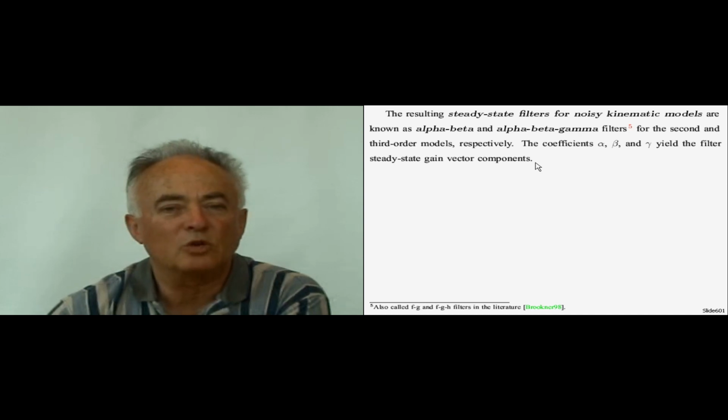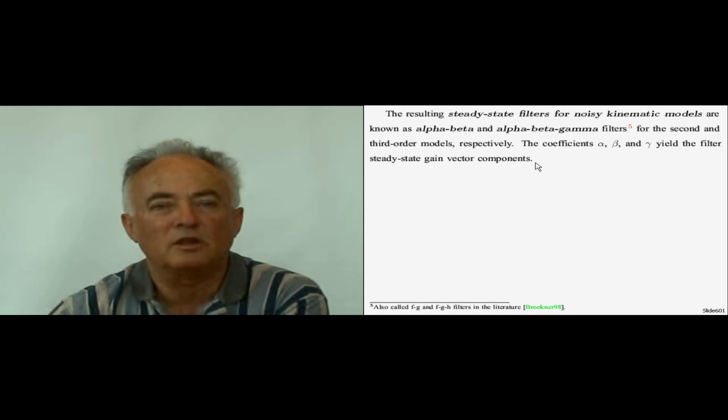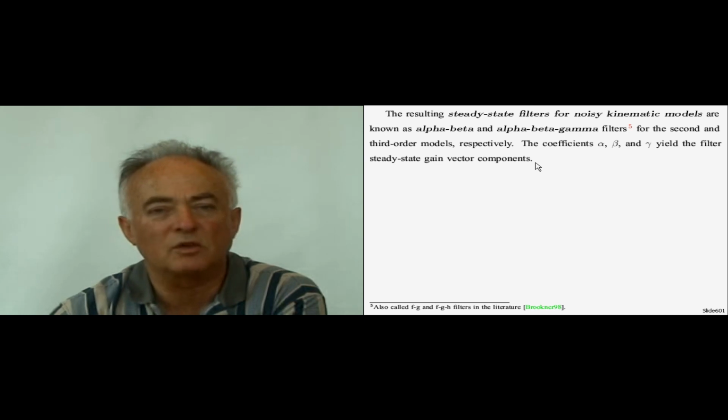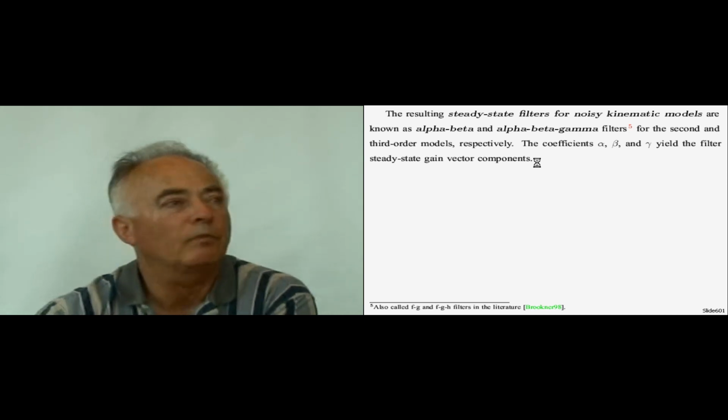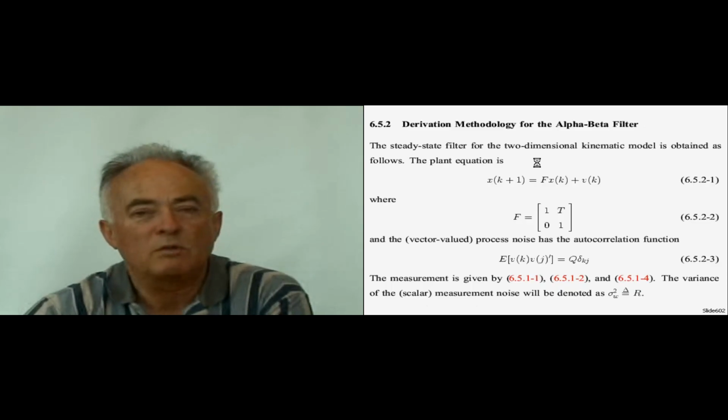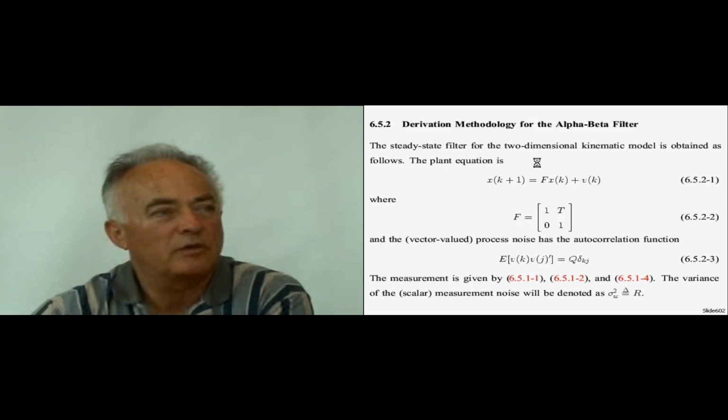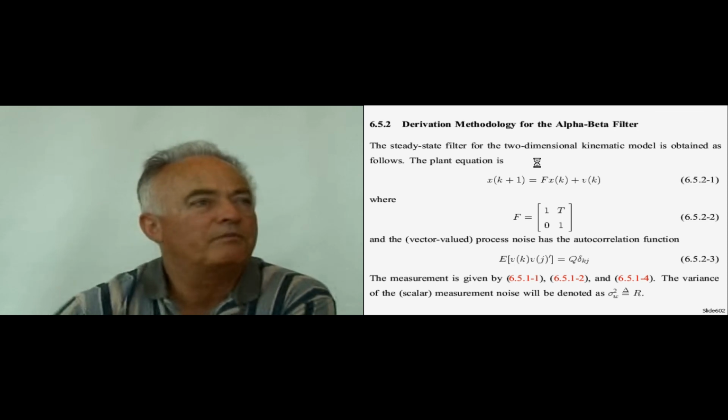The reason today to gain understanding is how the design of filters has to be carried out. These models provide a tremendous insight into the design of filters for real systems. Okay, how are we going to derive the alpha-beta filter?